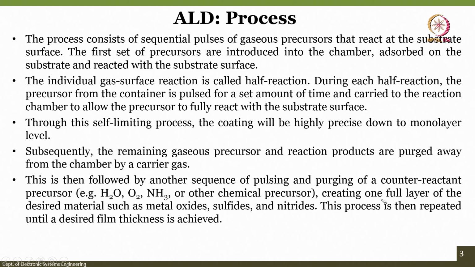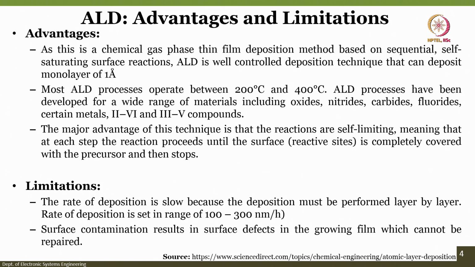Okay. So, in summary, if I want to say what are the advantages and limitations of atomic layer deposition, the advantages are, as this is a chemical gas phase thin film deposition method based on sequential self saturating surface reactions, ALD is a well controlled deposition technique that can deposit monolayer as thin as 1 angstrom.